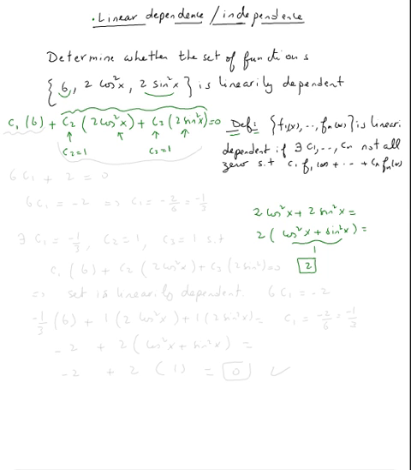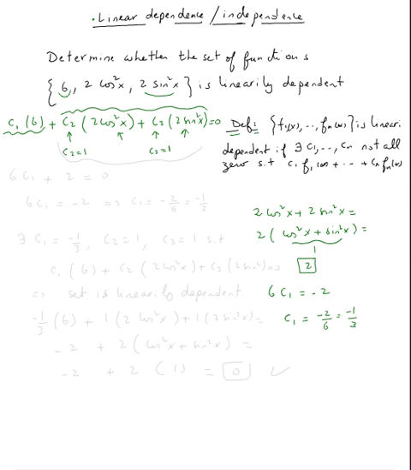So I want 6 times C1 to be equal to -2, for the total to be 0. So I want my C1 to be equal to -2 over 6, which is -1 over 3.